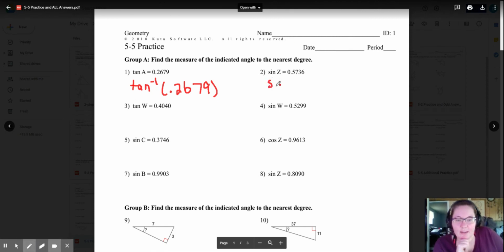So I'm taking the inverse sine of the sine of z. This is essentially what's happening. And remember, whatever you do to one side, you have to do the other side as well. So if I'm taking the inverse sine of this side, I need to take the inverse sine of the other side as well.